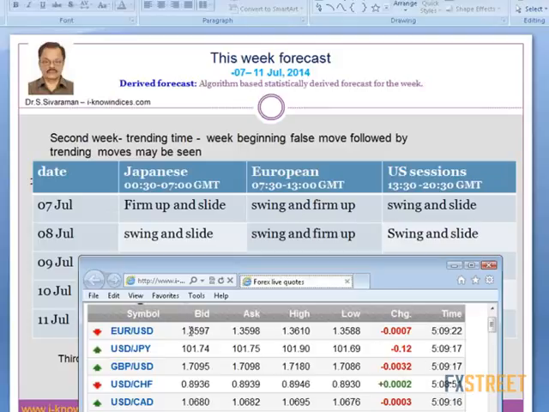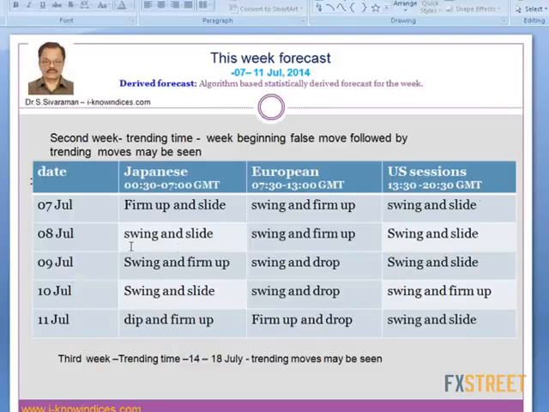And the rest of the currencies like euro, USDJPY, and CHF, also Australian dollar, were doing the USD weakening move during the start of the European session yesterday, and then started making the slide. And again, they are firming up today, now during the European session. Whereas GBP and Canadian dollar have already finished the stop-ins, and they started making the USD gaining move.